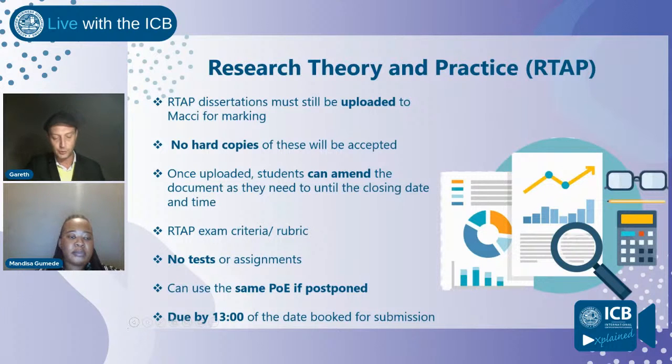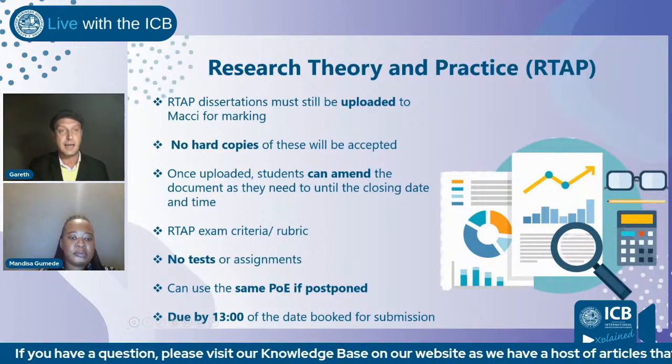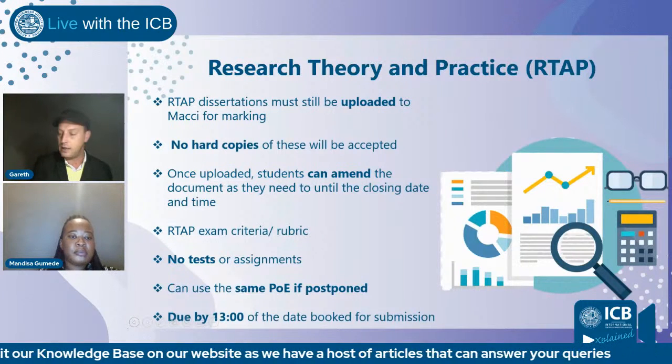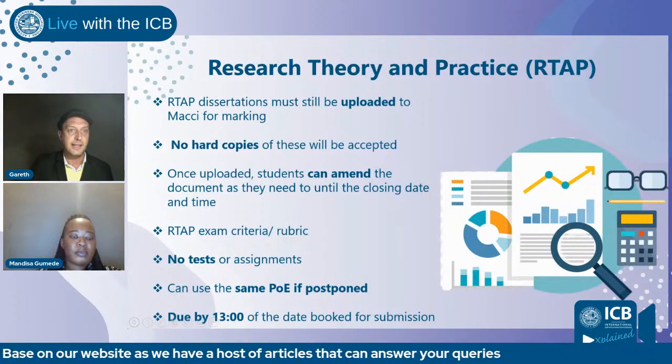One of the things that we used to do with our students who were in that level and looking to complete the financial accounting diploma was to register them for RTAP at the very beginning of the year and book the exam for December.